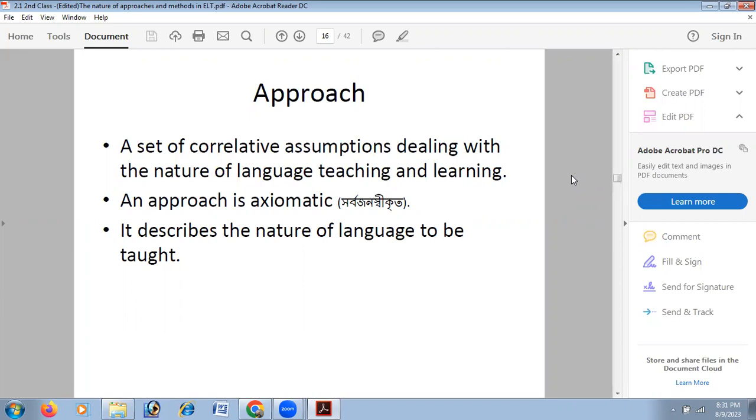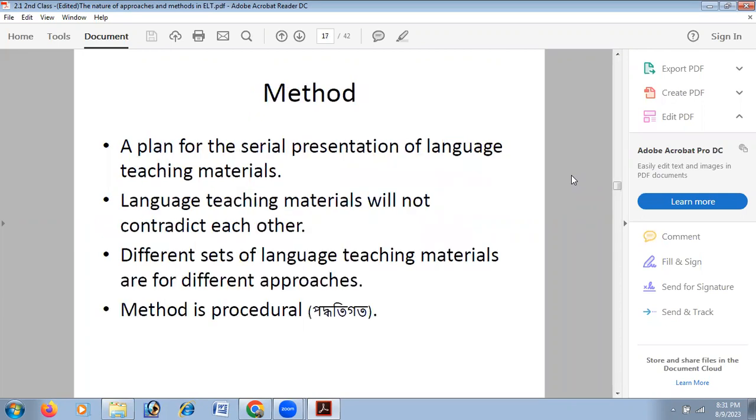If we move forward, approach is the theory, and method is a plan for the serial presentation of language teaching materials. Language teaching materials will not contradict each other, and different sets of materials are for different approaches. So method is procedural.